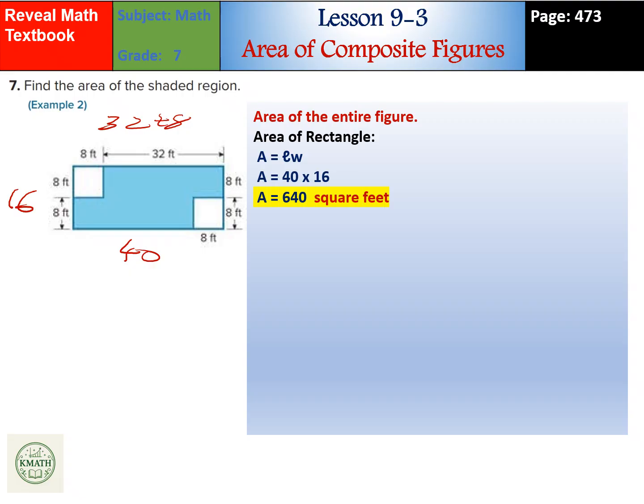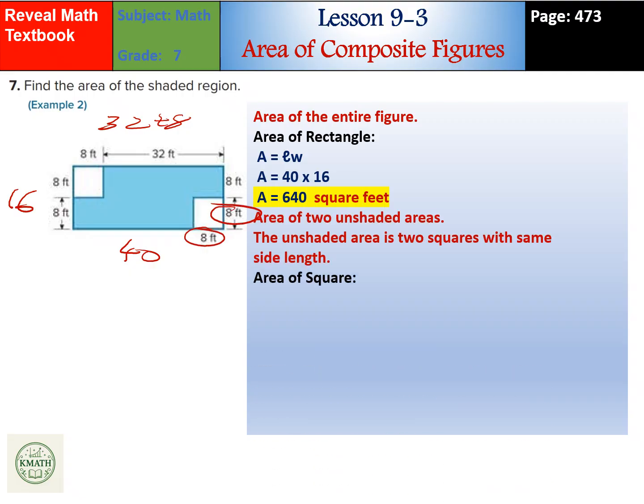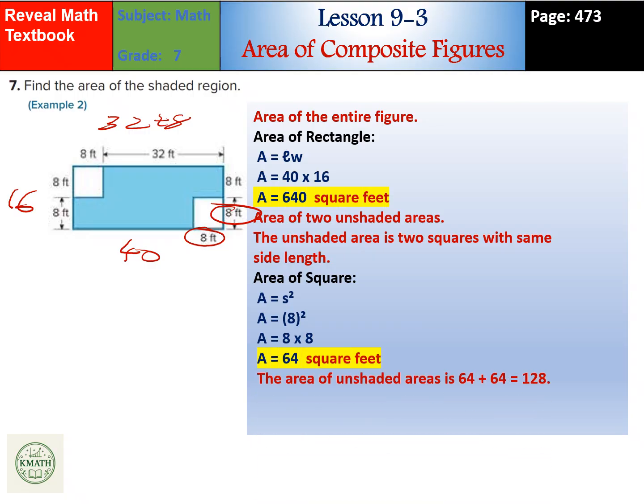Now the small square is 8 times 8, which is 64, and there are two small squares. So 64 plus 64 is 128. For the shaded part we subtract the two areas, so subtract 128 from 640, it will give you 512 square feet. That is the final shaded part.